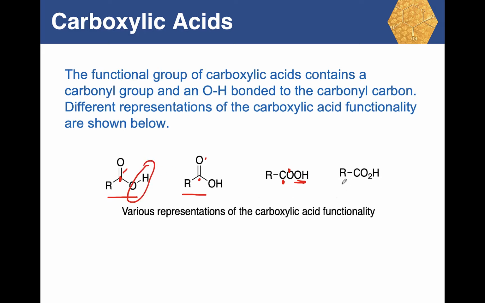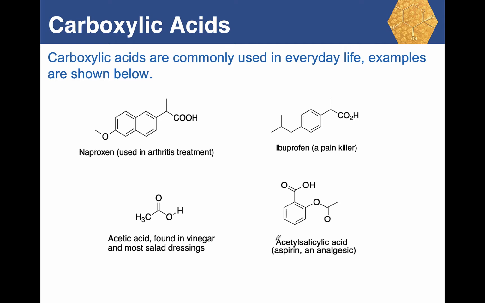And the last representation that's used a lot in organic chemistry is right here, CO2H, where these two oxygens here are represented by that 2. So look out for that and be able to recognize these as carboxylic acid functional groups in organic molecules.